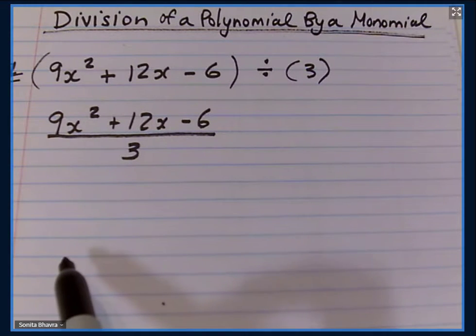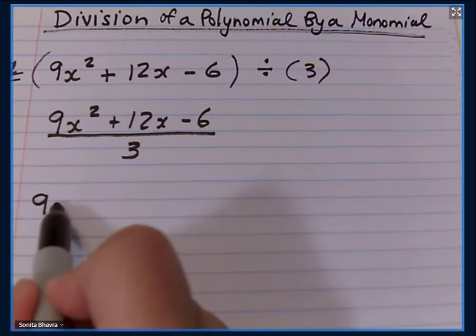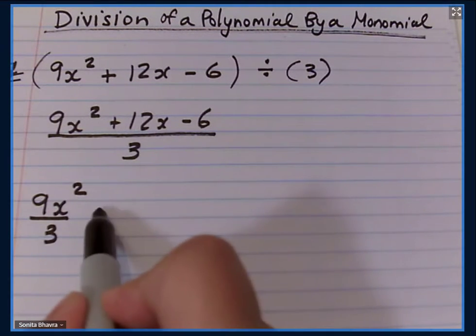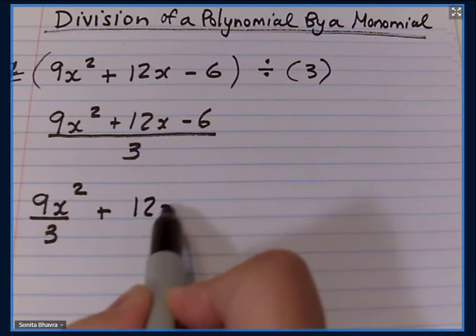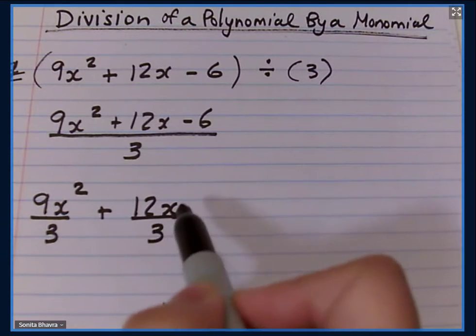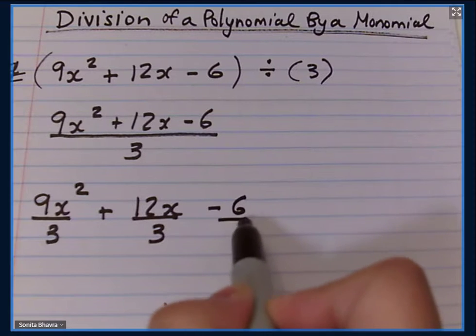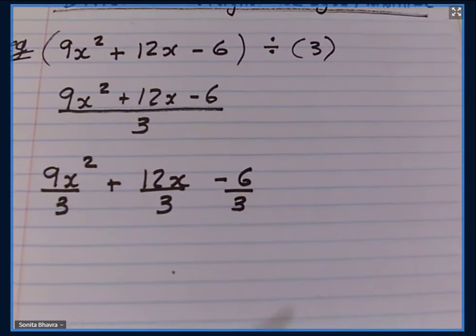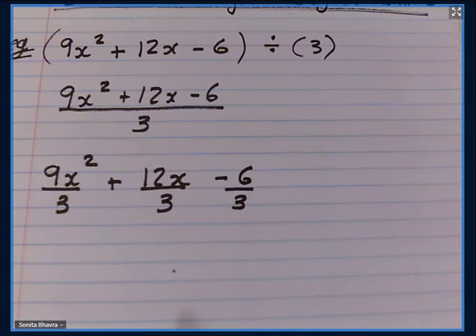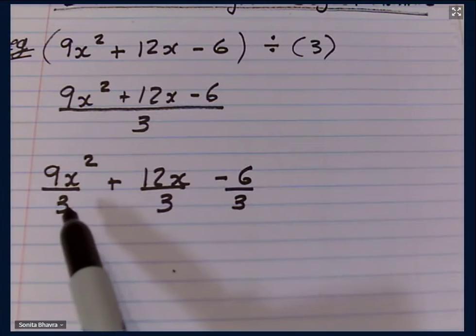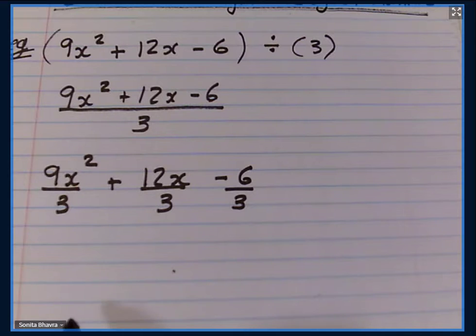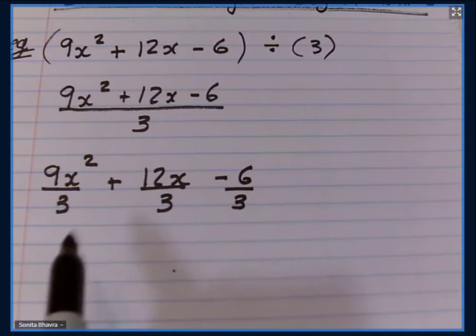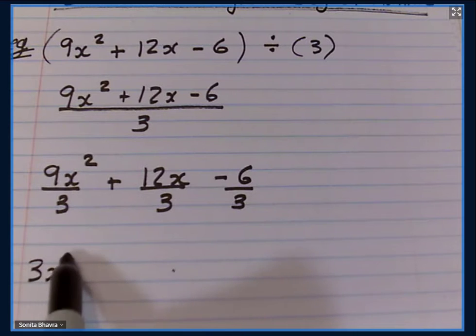So what you could do now is show that 9x squared is being divided by 3, plus 12x is being divided by 3, and then the negative 6 is being divided by 3. Now it's easier to see how each term is being divided. So 9x squared divided by 3 will just leave you with 3x squared.